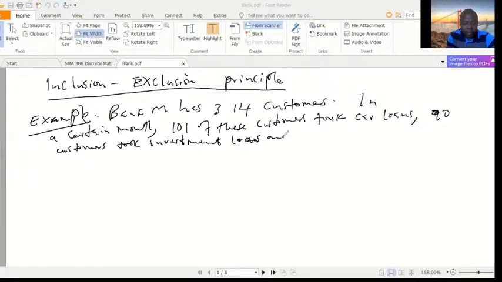And 72 customers took school fees loans.